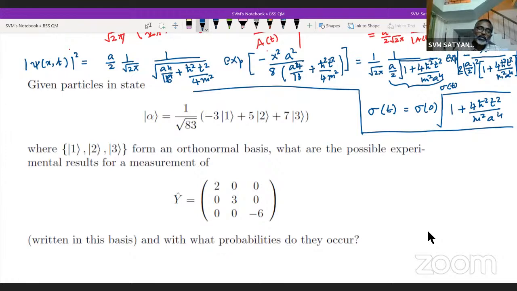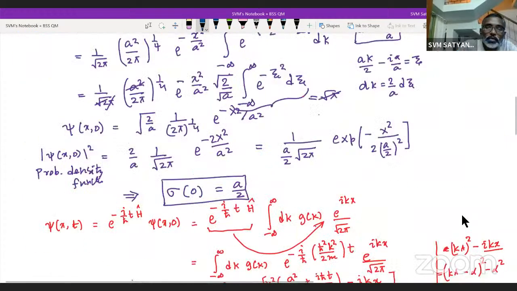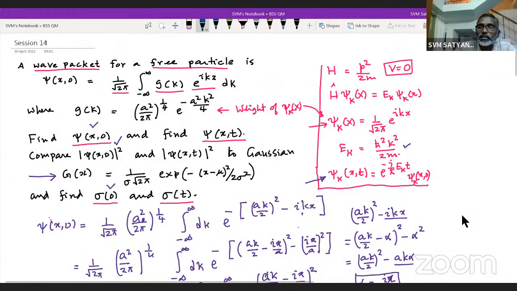That means, this sigma is like a spread of the Gaussian, right? So if you have a Gaussian initially, imagine you have something like this. Let's say this is x, and this is time t, and this is your probability density function.